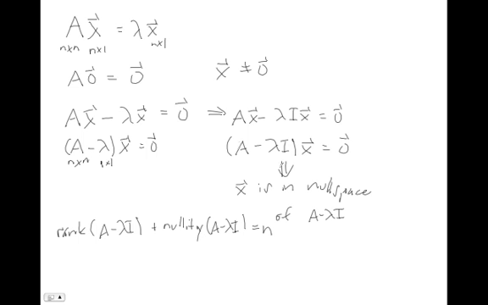And having a null space means this matrix is not full rank. So the one thing we know is that the rank of this matrix A minus lambda I is definitely less than n. We don't know what it is, but it's not full rank, because this wouldn't exist if it were full rank. So we also know that it's singular.